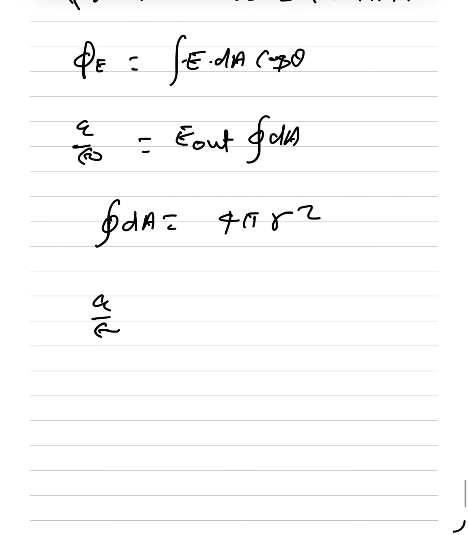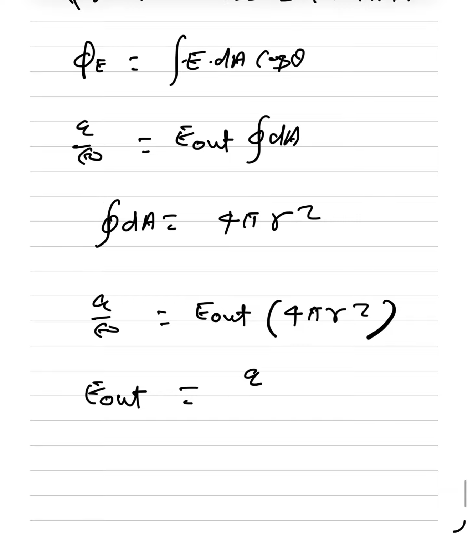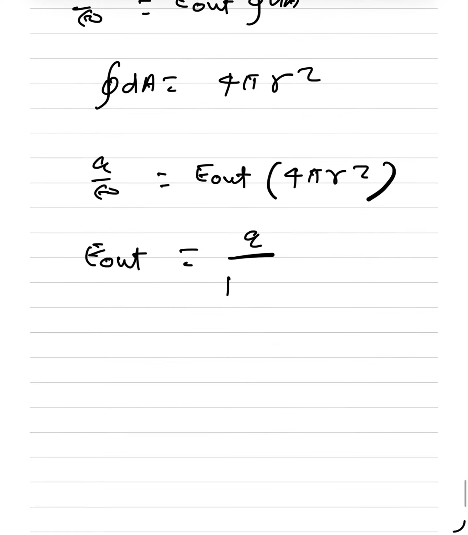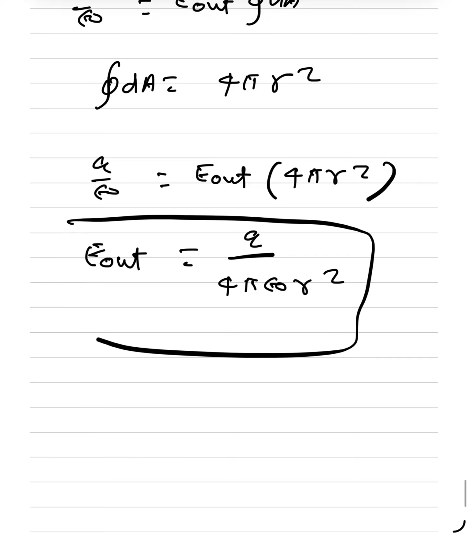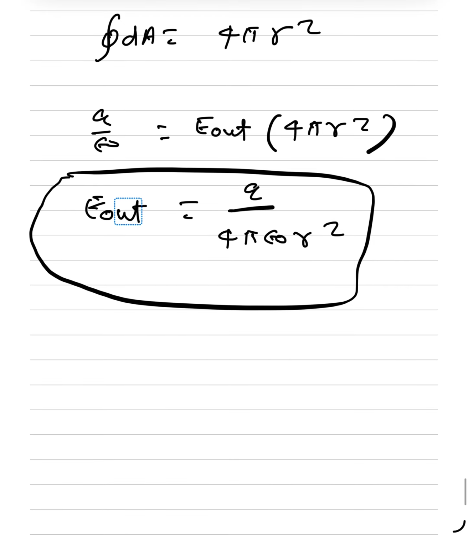So q divided by epsilon naught equals E out times 4 pi r square. The value of E out is q divided by 4 pi epsilon naught r square. This is the electric field outside the charged surface. In vector form, E out equals q divided by 4 pi epsilon naught r square, r cap.